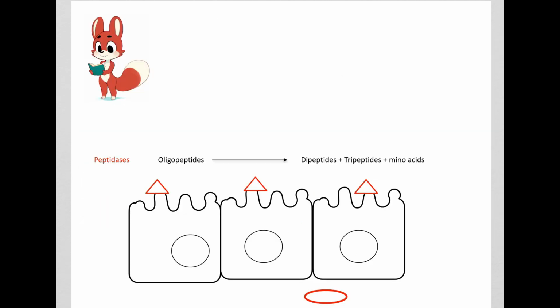There are enzymes called peptidases. These are present in the brush border of the intestinal cells. These peptidases will break down the oligopeptides into dipeptides, tripeptides, and amino acids.